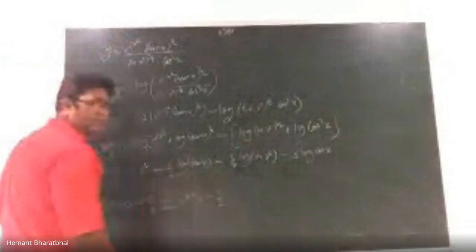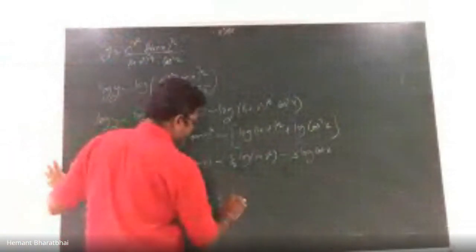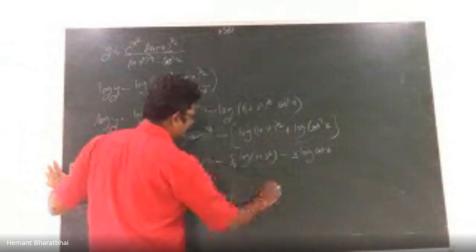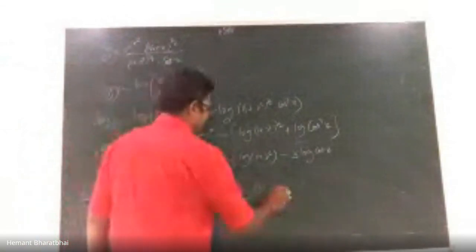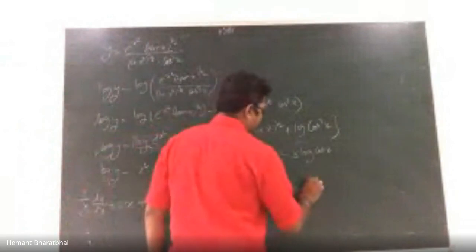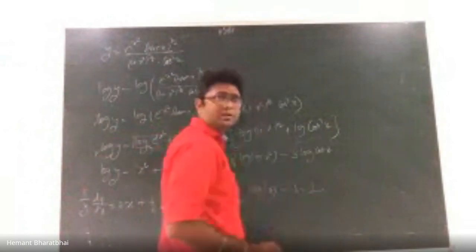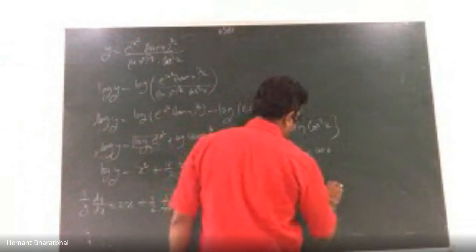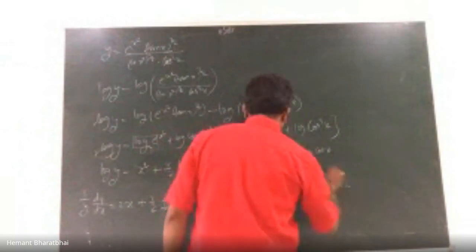The derivative of log is 1 by x, so this will become 1 upon 1 plus x square into derivative of 1 plus x square, which is 0 plus 2x, minus 3 log of cos x, derivative of log x is 1 by x, so this will become 1 by cos x, and derivative of cos x is minus sin x.